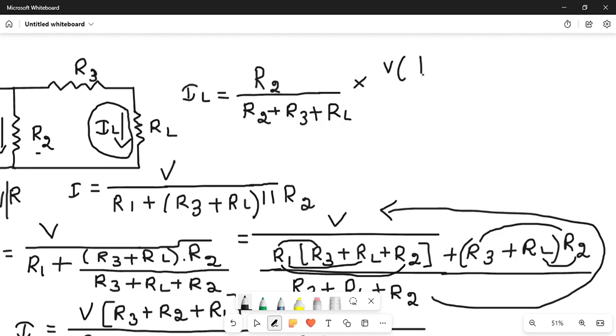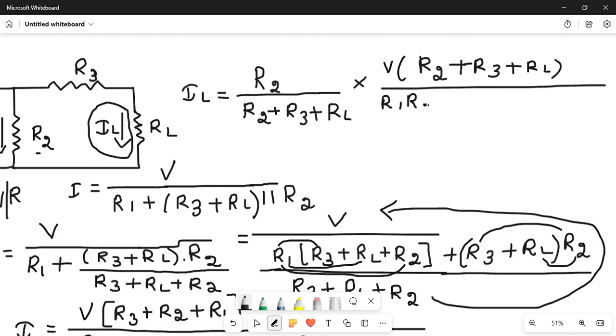It is V into R2 plus R3 plus RL, or R2 plus R3 plus RL, it's anything, whole divided by R1 R2 plus R1 R3 plus R1 RL plus R2 R3 and RL R2 or R3 RL, it's anything.